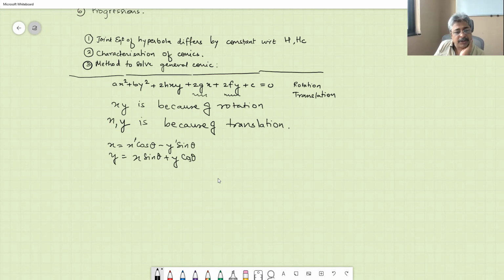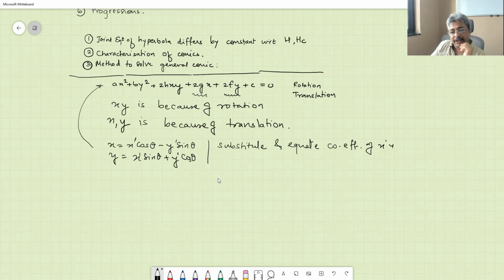Substitute this in the original equation, equate the coefficient of x dash y dash to 0 and find theta.